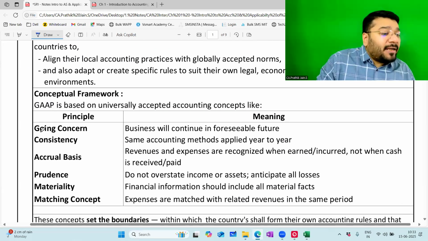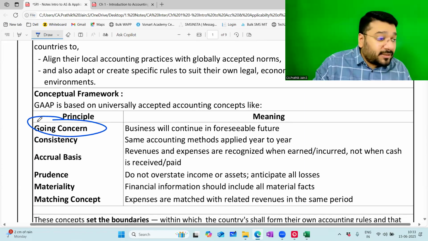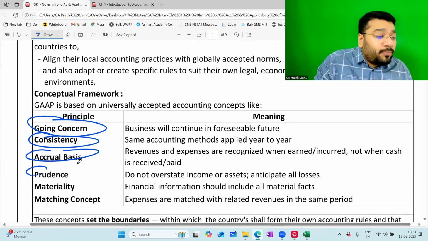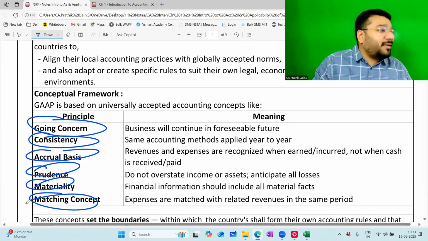So GAAP is primarily saying that the going concern concept should not be violated. You have to keep the going concern concept in mind and then develop your accounting standards. You should keep consistency, accrual, prudence, materiality, matching concept, and more accounting principles into consideration while you draft your accounting standards. So in India we have accounting standards and Ind AS.